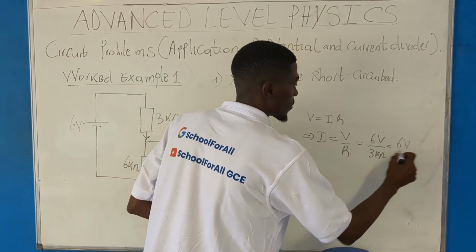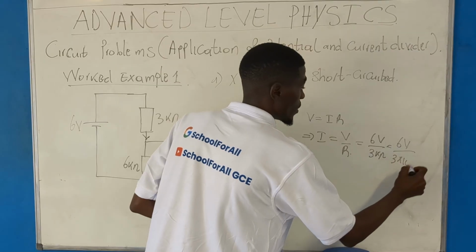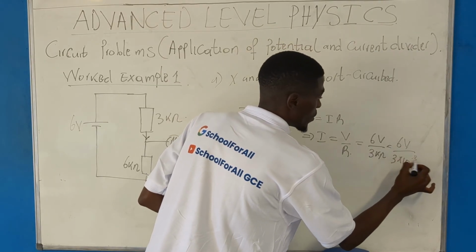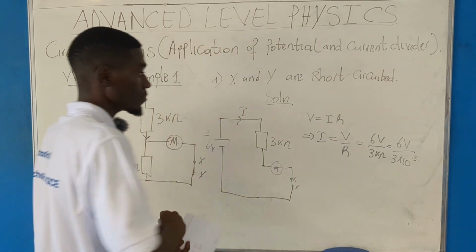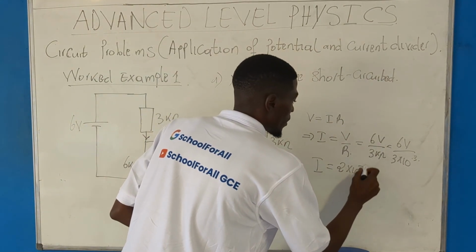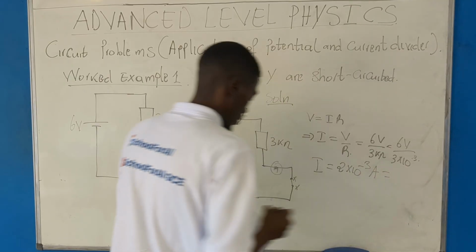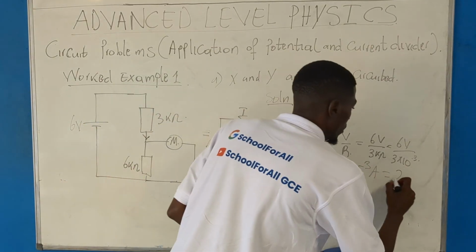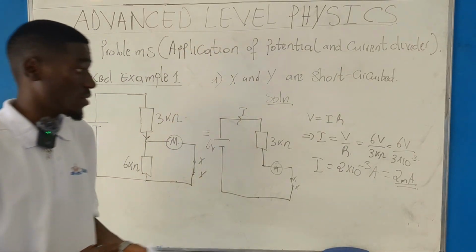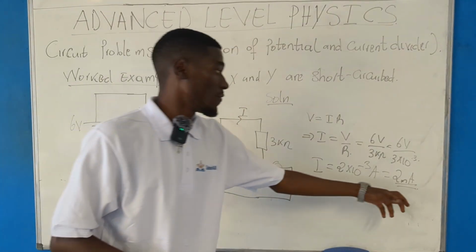So it's the same as 6 volts divided by 3 times 10 to the 3, making the current 2 times 10 to the negative 3 amperes, which is the same as 2 milliamperes. So that is the final answer for A.